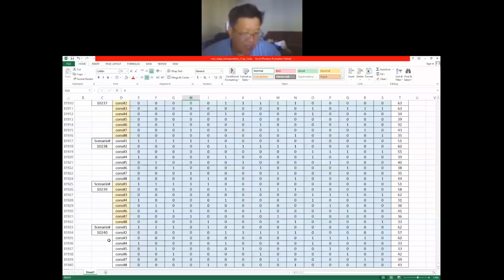Each scenario consists of 8 constraints, so it's already 80,000 constraints. But the main variables there consist of 15 variables, x1 up to x35.